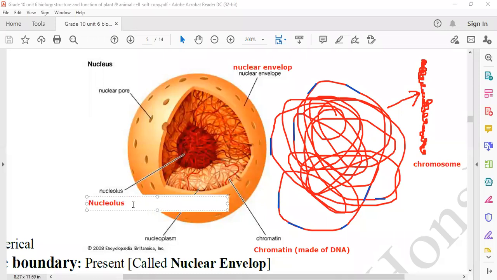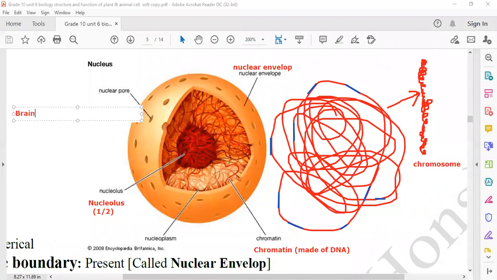In a nucleus, there can be one or two nucleoli present. We can consider this one as the brain of a cell.